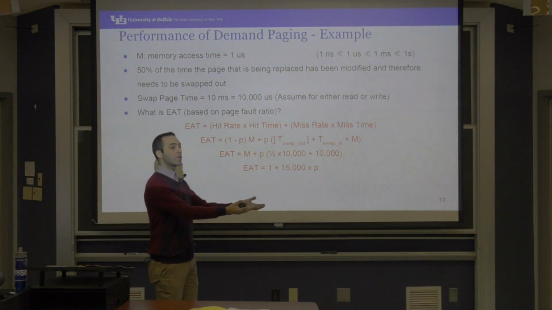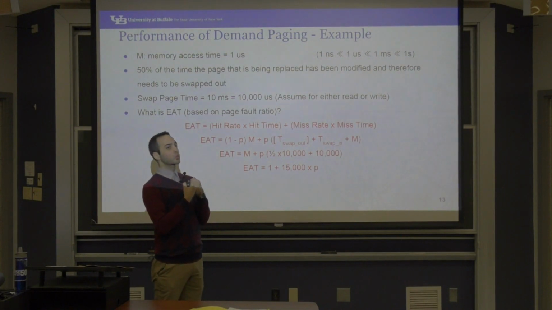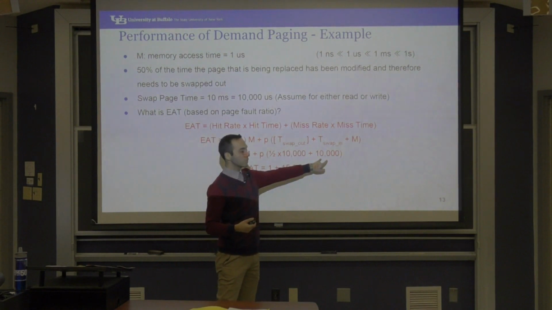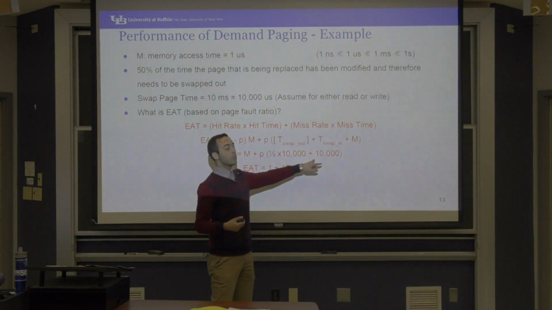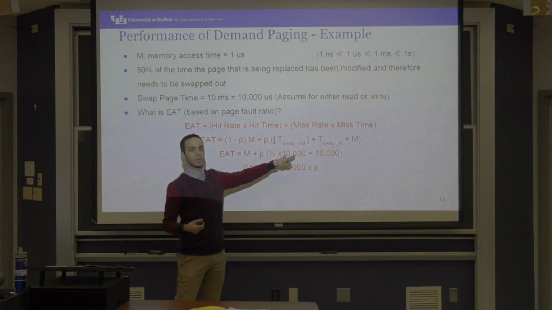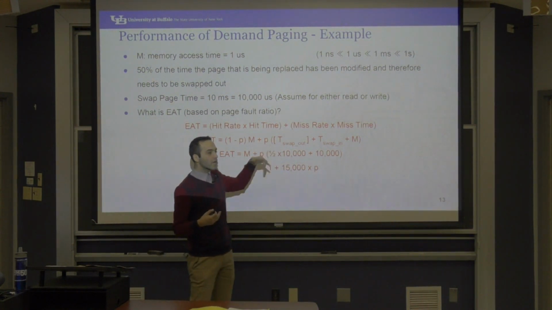A page fault always includes a page in. You have to swap in a page when you need it, so that's the 10,000. However, you might need to swap out. What is the average swap out time?